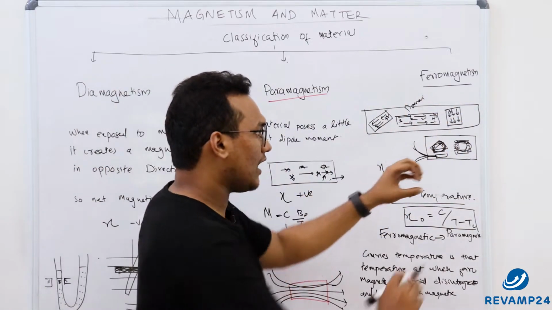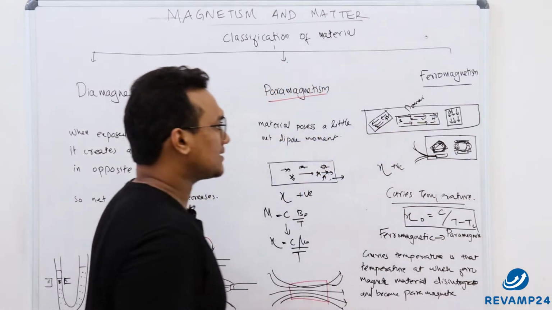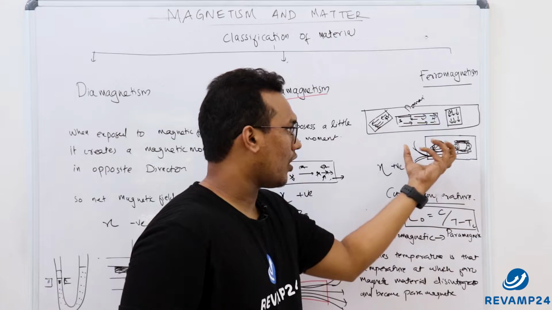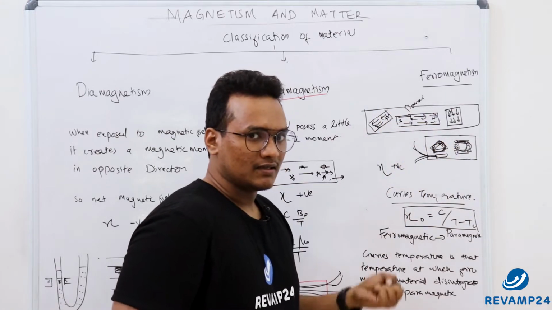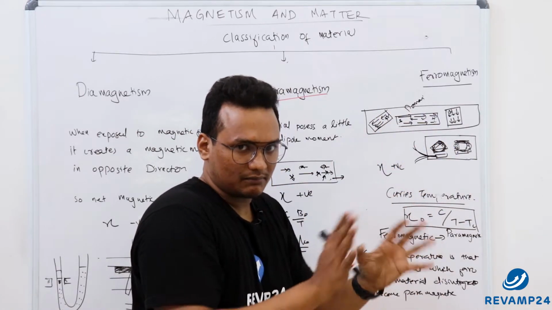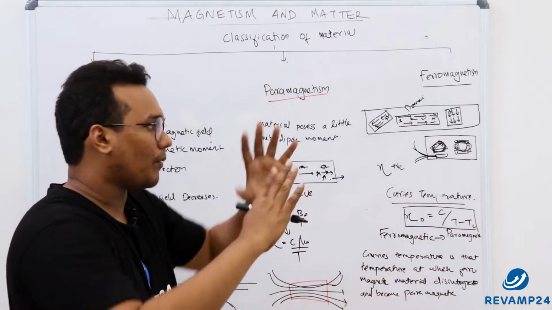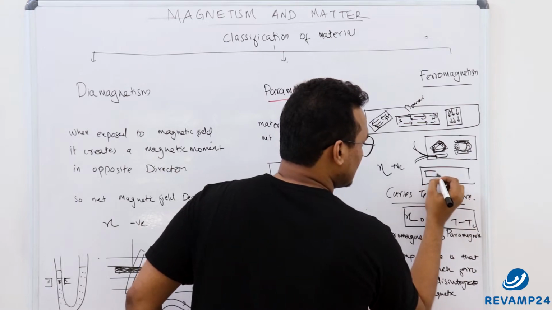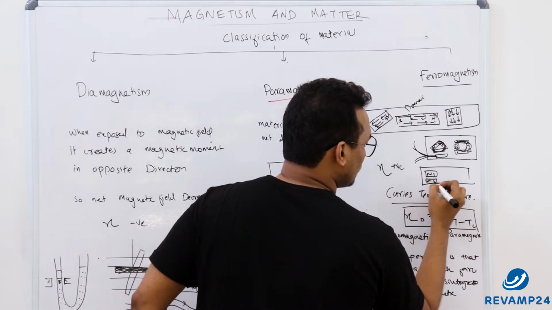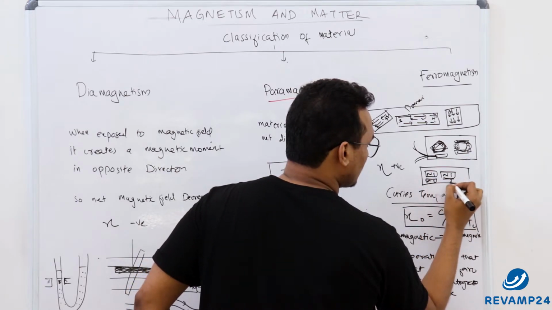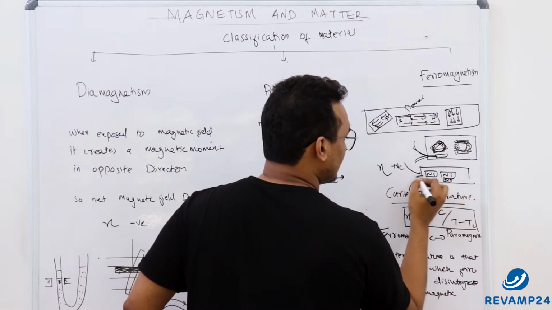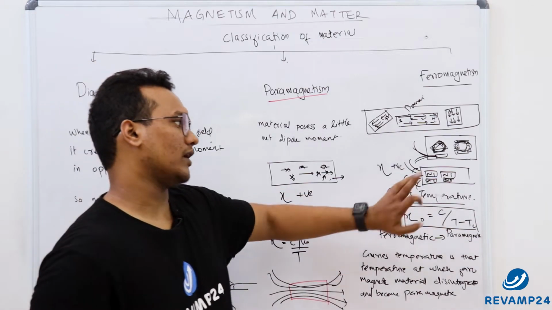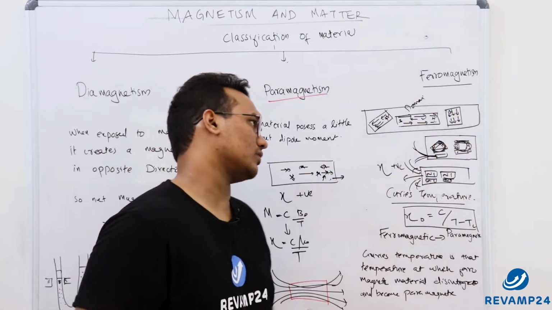We need it open. So we have to basically break this closed loop formed by the domains. Once it is disintegrated, once it is opened, then we can expect domains in this way: north, south, north, south, north, south, north, south. Now from here we will get a very high amount of magnetic field at one end, but it has to be open. It should not be closed in this way.